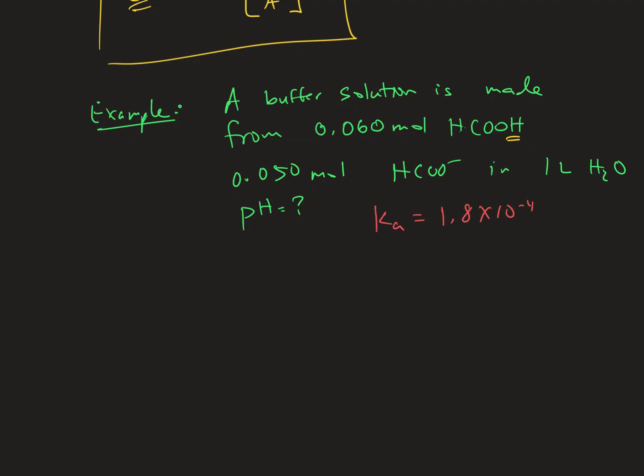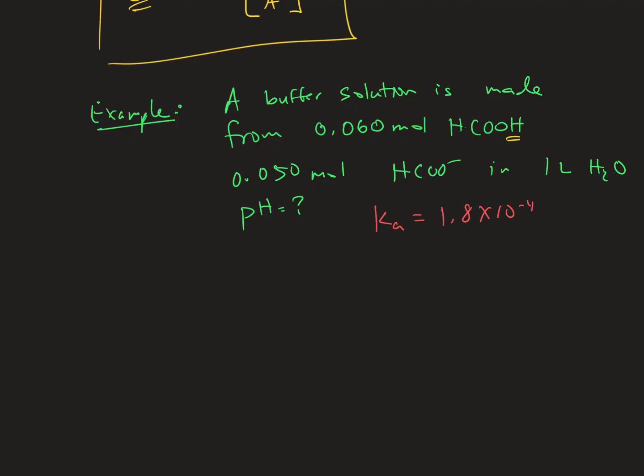The 0.050 moles of HCOO minus is the conjugate base of our acid. We know it's a weak acid because it's not one of our strong acids, and the constant is very much lower than 1.